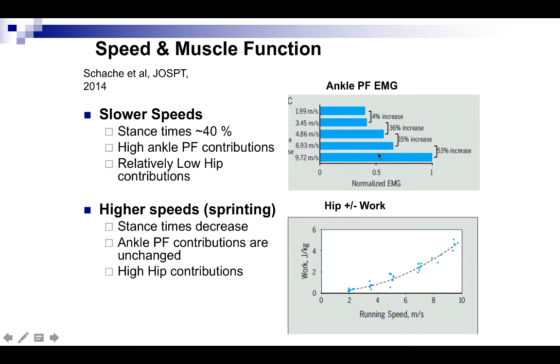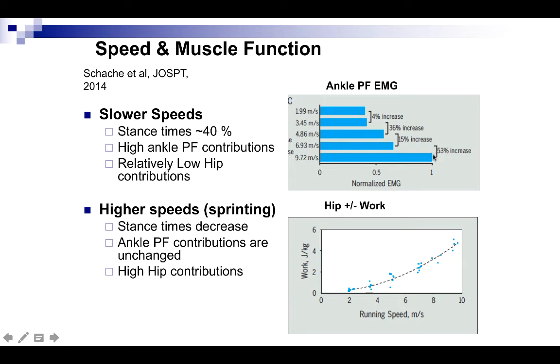When we go to really high speed, we get to absolute full activation, a 53% increase from the previous 6.9 meters per second. What's interesting is you would think there's a lot more contribution of the gastroc muscle itself in creating energy here. But if we look at the energy data, there's almost no increase in energy contribution from the gastroc muscle.